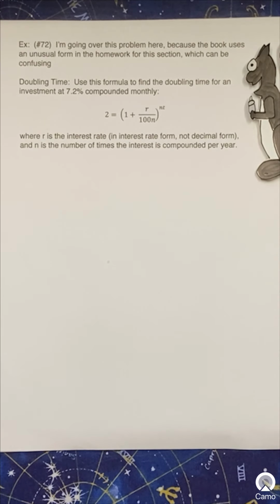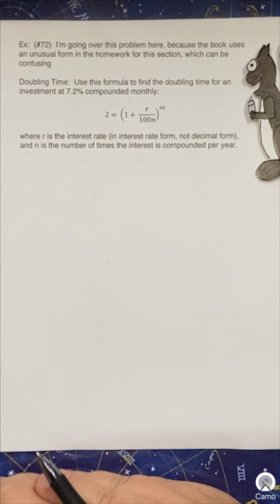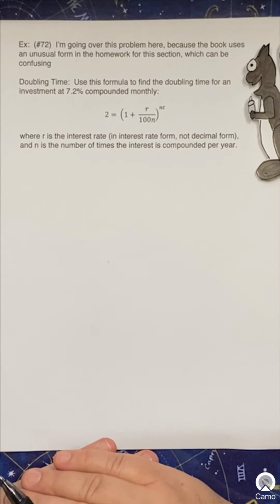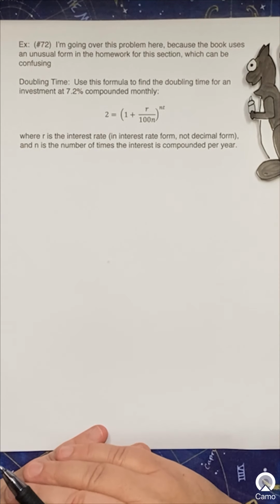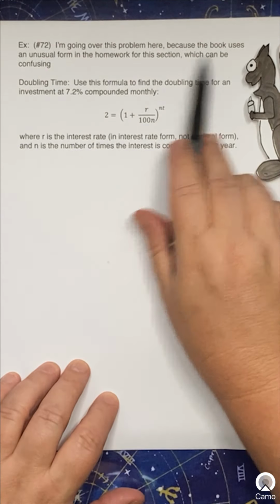And so my perspective is I go ahead and I assign these weird problems from the homework, and I show you how to do them. So this is number 72 in the actual book, which is not the number that you get in your homework, but it is number 72 out of the book. And I say, I'm going over this problem here because the book uses an unusual form in the homework for this section.